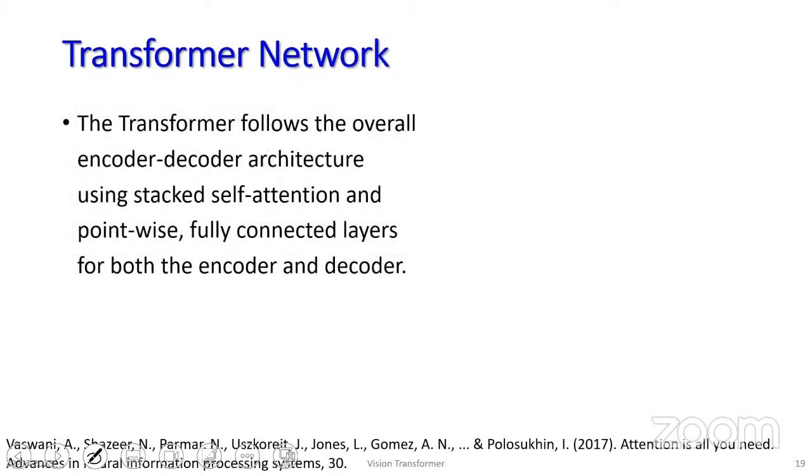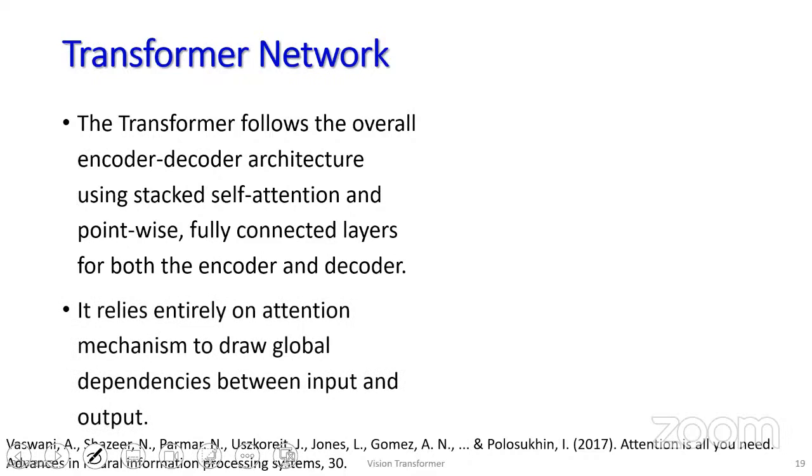The transformer follows the overall encoder-decoder architecture using stacked self-attention and point-wise fully connected layers for both encoder and decoder. Remember that there is no recurrent neural unit, there is no convolutional unit, only fully connected layers for both encoder and decoder.